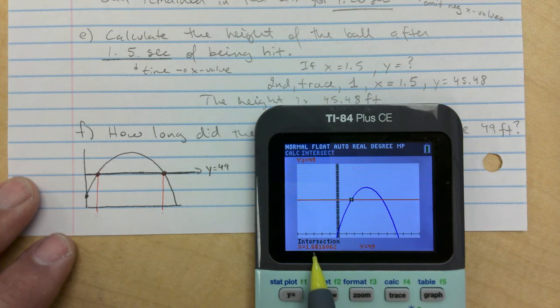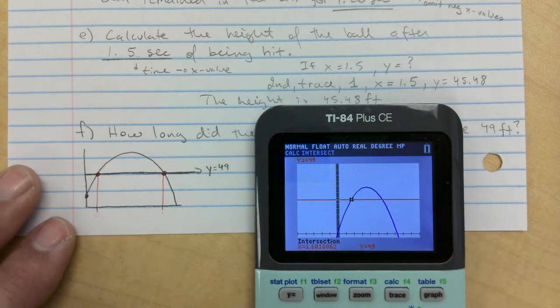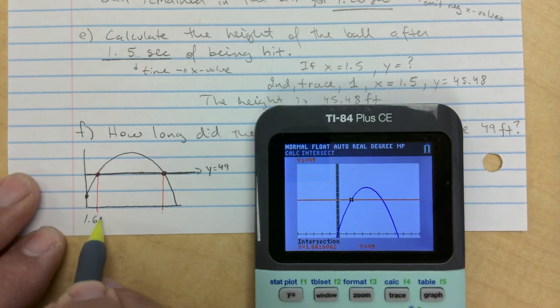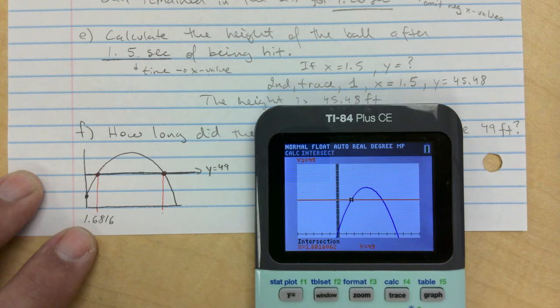So 1.6816. And the second point here, I'm going to go second trace 5 again. Enter, enter, enter.